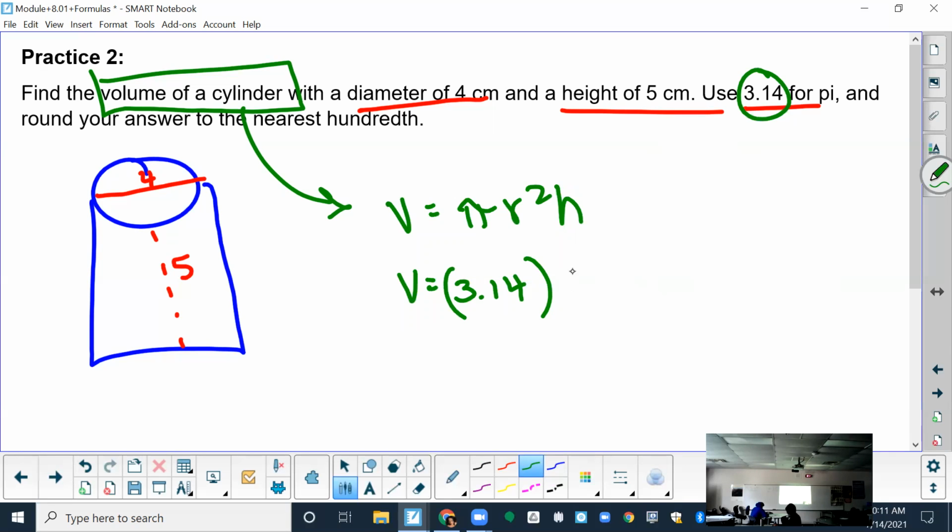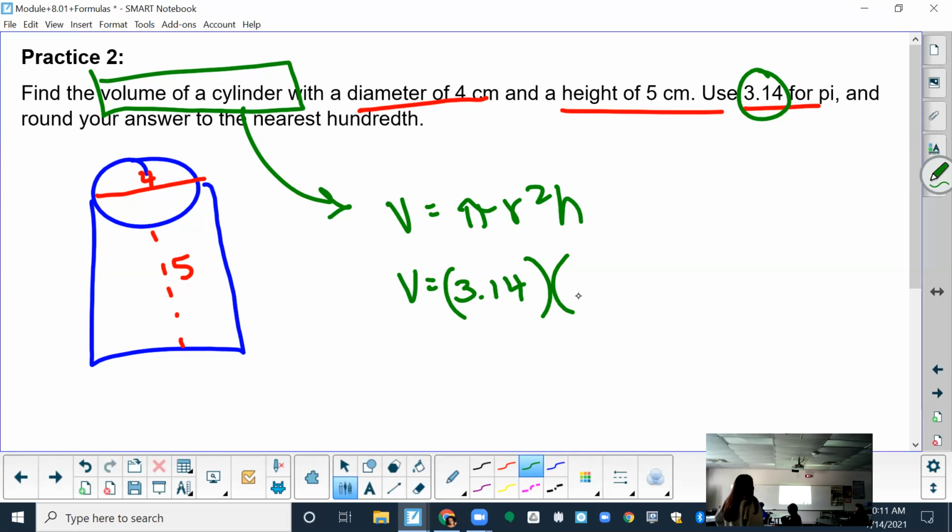R is next. Does it tell us what R is? In the problem, does it say the radius is this? No. Can we figure it out somehow though, based on our vocab? It doesn't give us radius, but it does give us diameter.